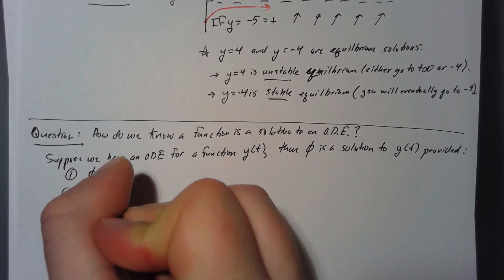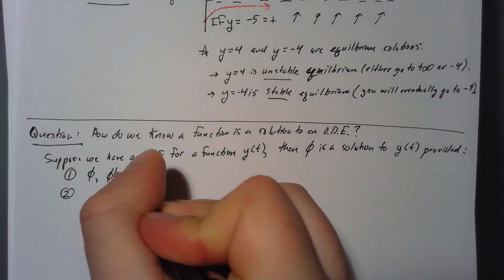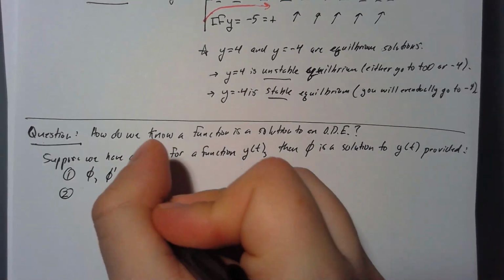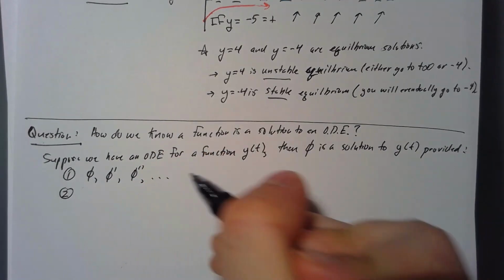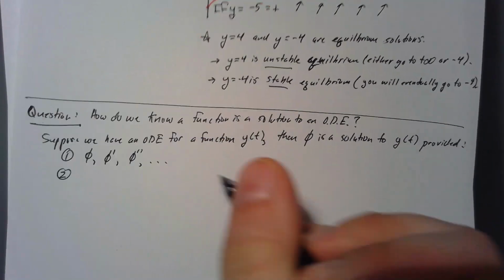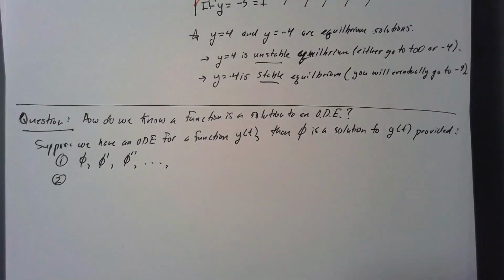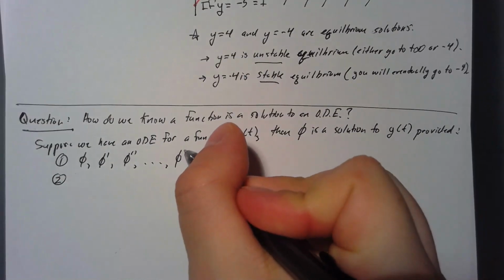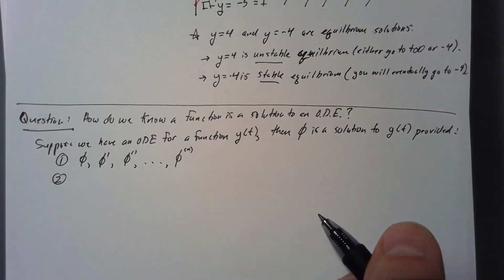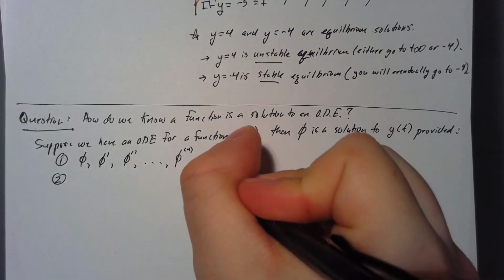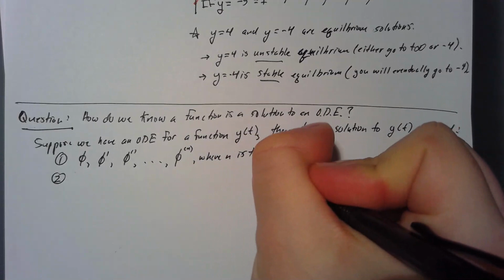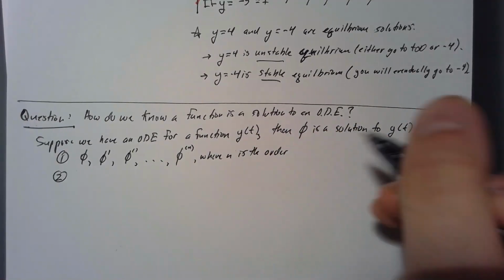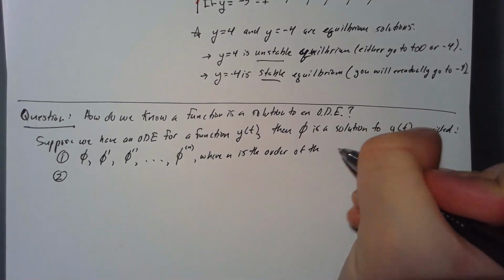So I have phi, the derivative of phi, the second derivative of phi, all the way up to the nth derivative of phi, where n is the order of the ODE.